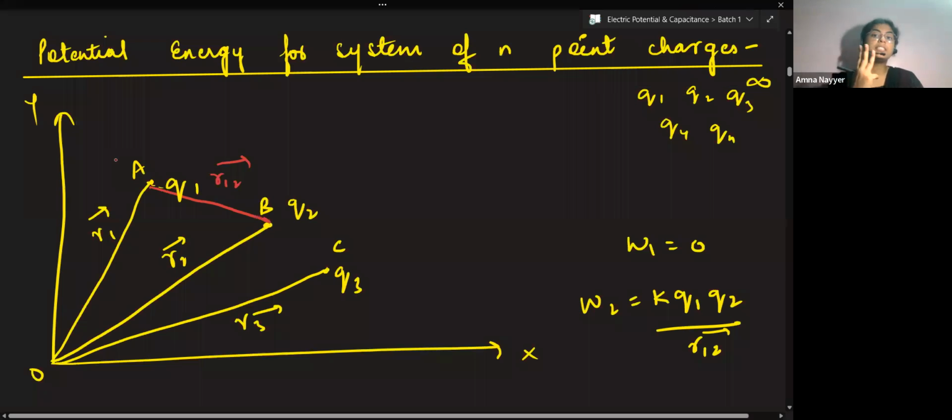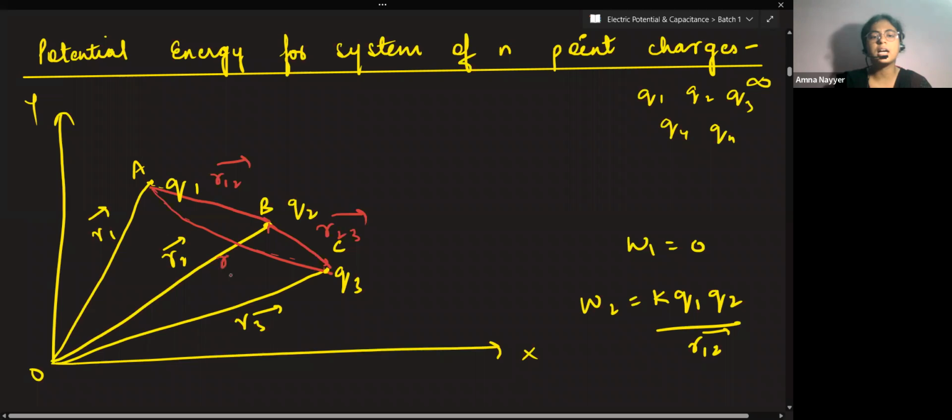See, there are three charges, so there will be three kinds of interaction. There will be energy associated between Q1 and Q2. There will be energy associated between Q2 and Q3, and this separation is R23. And there will be energy associated between point A and point C, that is Q1 and Q3.